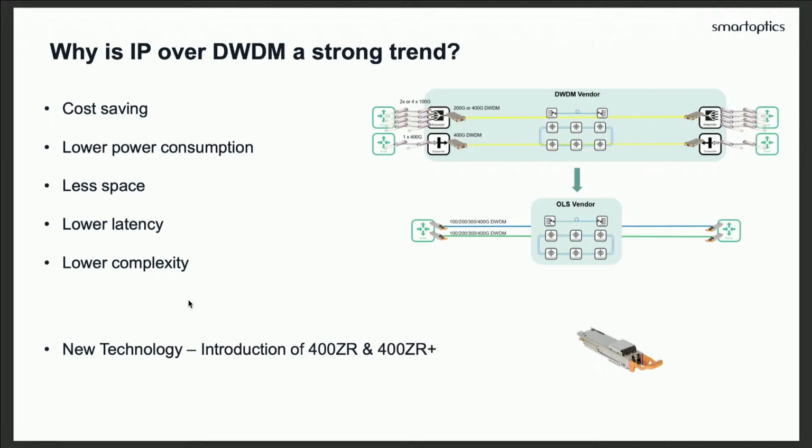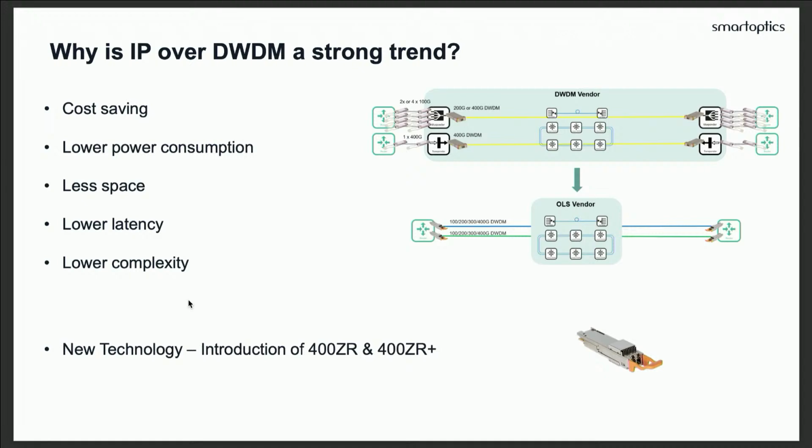Together with that, it's also less space, and lower latency, because the less OEO optical conversion we do, the less latency we have. It also goes in line with lower complexity of building the network.